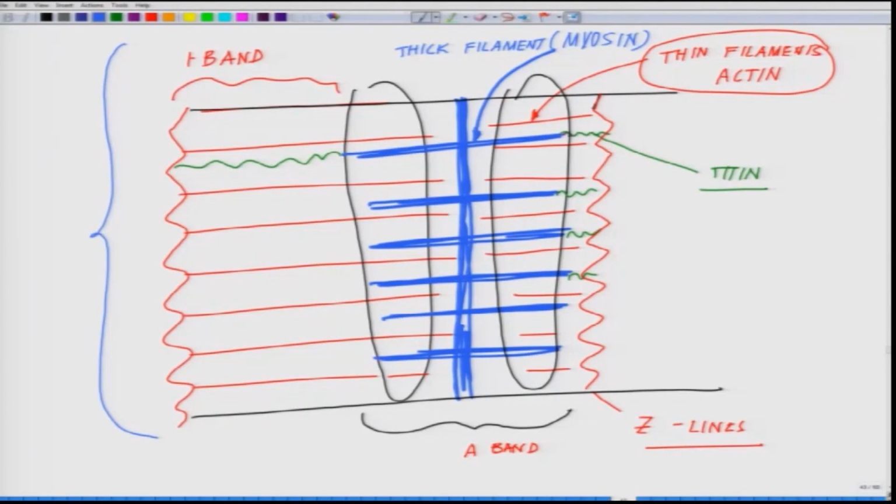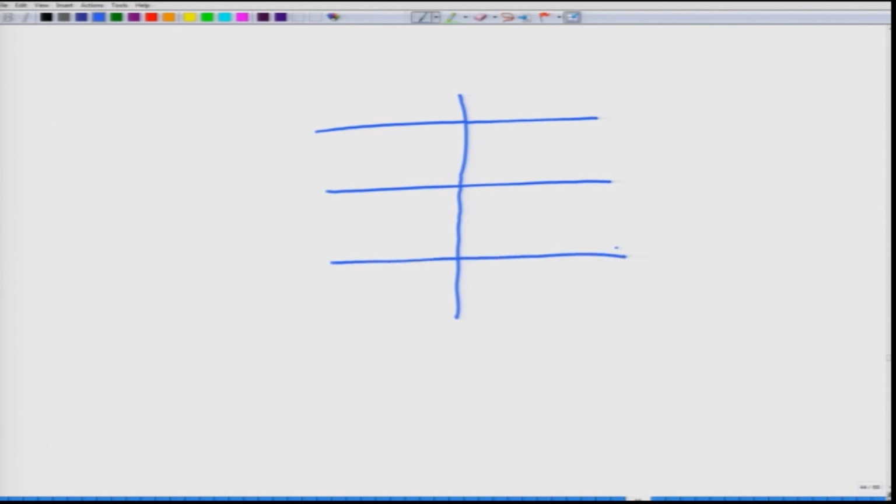And if we draw it a little bit in a much finer way, it will be something like this. Thin filament, thick filaments first. So, this is how the thick filaments look like. Now, I am at a very, very microscopic level.